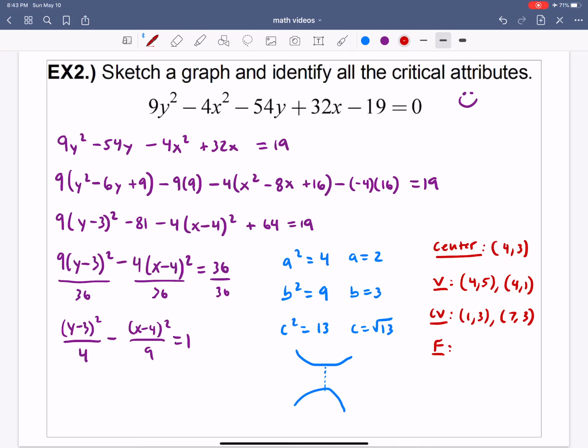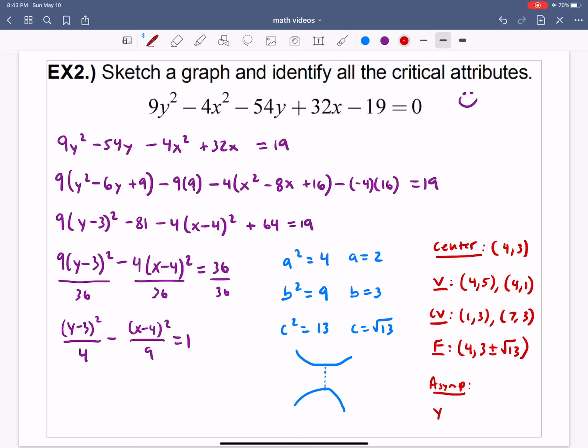My foci are going to be up and down root 13 units. So that's going to be 4, 3 plus or minus the square root of 13. And lastly, let's do the equations of the asymptotes.